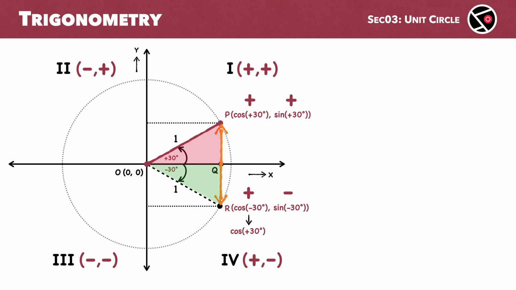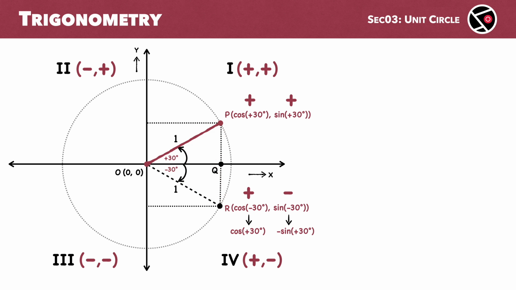You can easily prove this using ASA criterion for congruency. This means length of side PQ equals length of side RQ. So, y coordinates for P and R have same lengths but different signs. What does it mean? It means that sine of minus 30 degrees equals minus sine of plus 30 degrees.